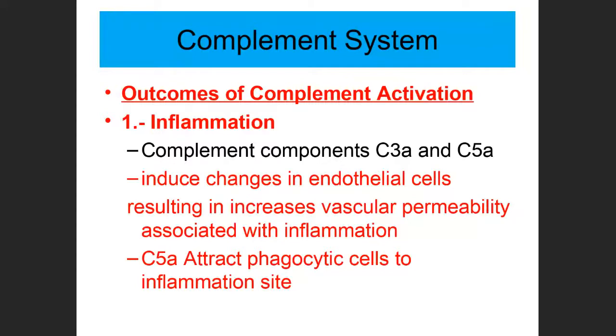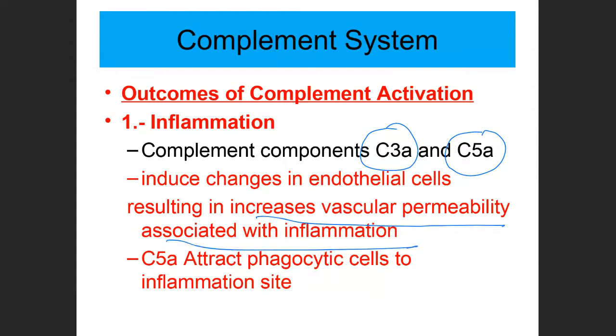So how is complement involved in inflammation? Two complement components, C3a and C5a, are involved in inflammation. They're going to trigger changes in the endothelial cells of blood vessels. Then the endothelial cells will begin to separate from each other, creating pores, which are going to make the contents of blood begin to leak out into tissue. So an increase in vascular permeability associated with inflammation.